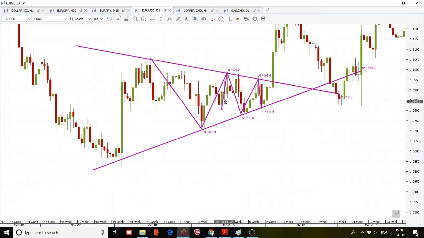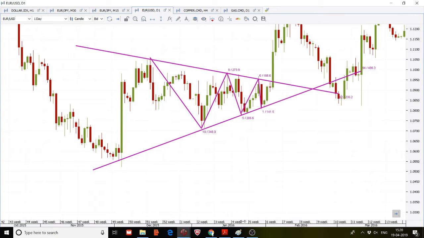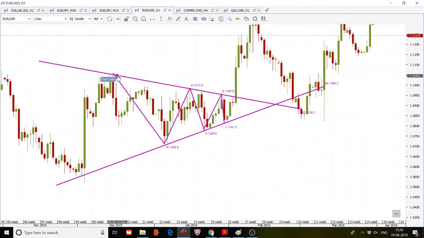First, for the sake of explanation, I have shown the corrective structure that will look like that. Otherwise, no need to worry about this internal structure. So it fulfills our guideline, and let me remove this.